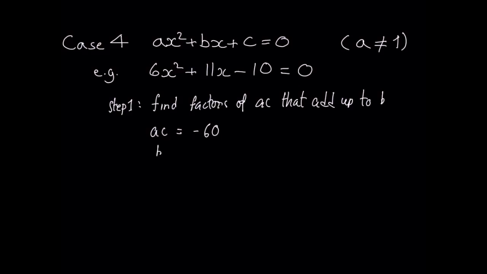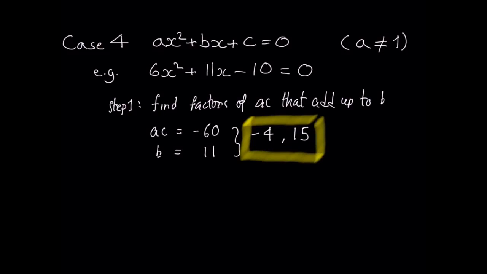And of course, B is equal to positive 11. So we want the factors of negative 60, which add up to 11. They're going to be minus 4 and 15. These two numbers, we can't use them directly as we did in the previous two cases.